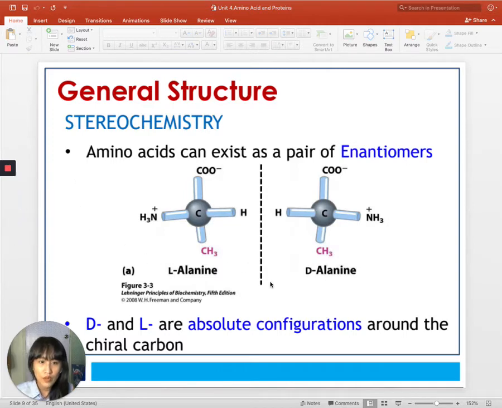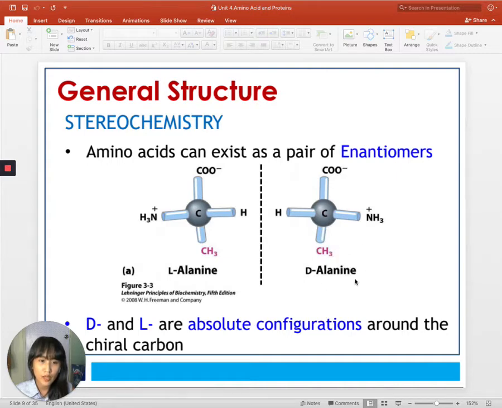So we have here an example, the L-alanine and the D-alanine. The D and L configurations are absolute configurations around the chiral carbon. Here, the nature of the side chain dictates the magnitude and direction of rotation of the amino acid.